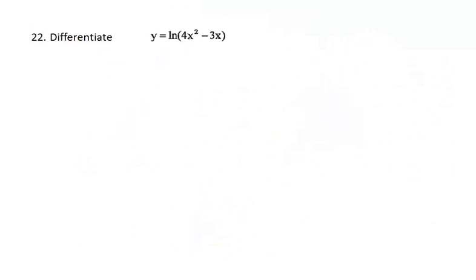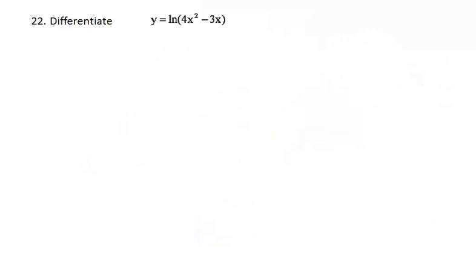Okay, so moving on to question 22. We want to differentiate here y is equal to our natural logarithm of 4x squared minus 3x. So we're going to set this as our u. u is equal to 4x squared minus 3x. So we can differentiate with respect to u. du on dx, 4 times 2 is 8x minus 3.